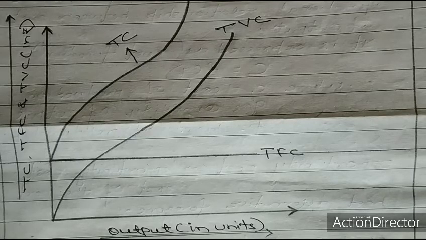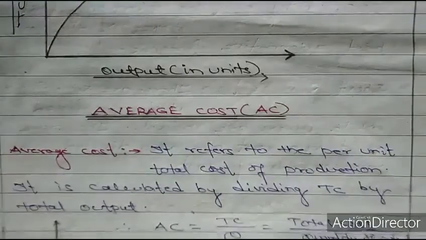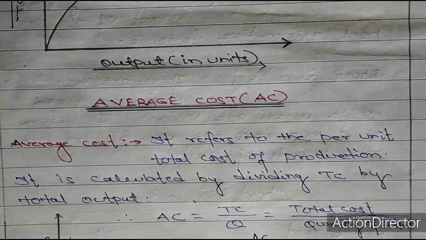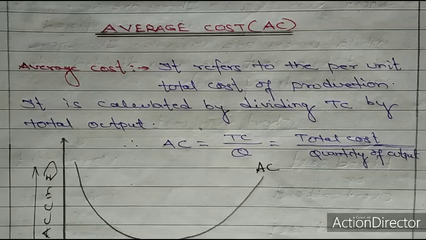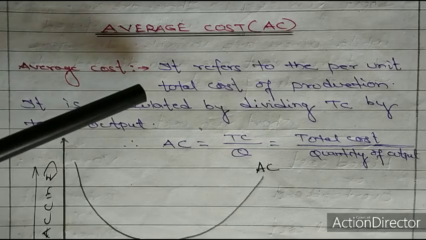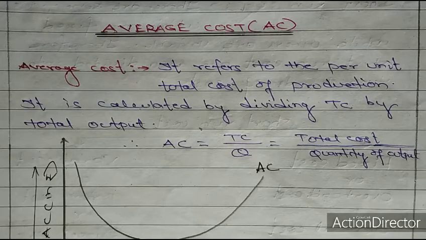Now total cost is a very important term in calculating average cost and the different types of average cost, average fixed cost and average variable cost. Before that, we will discuss average cost. Average cost means the per unit total cost of production.